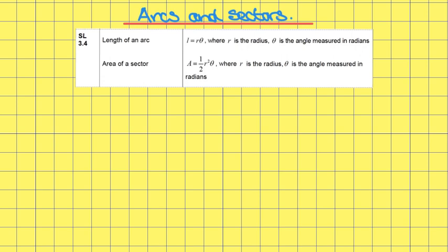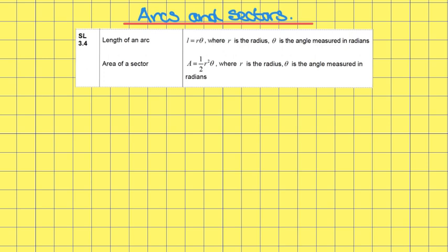In this video, we're looking at arcs and sectors. If you go to your formula booklet under section 3.4, you're given the formula for the length of an arc, which is L is equal to r theta, where r is the radius and theta is the angle measured in radians. You're also given the formula for the area of a sector.